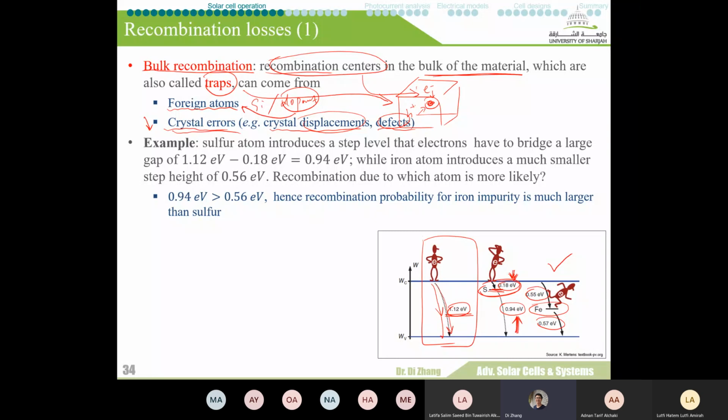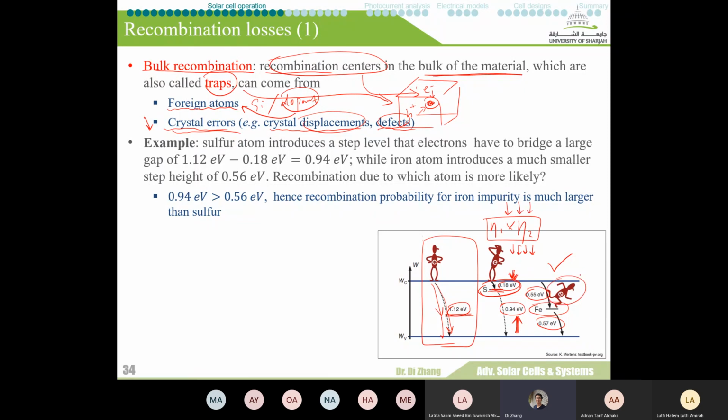Remember, in the end, the total recombination probability depends on the product of the two probabilities we're seeing here. So the second event is very unlikely to happen, and together the total recombination probability will still be very small.